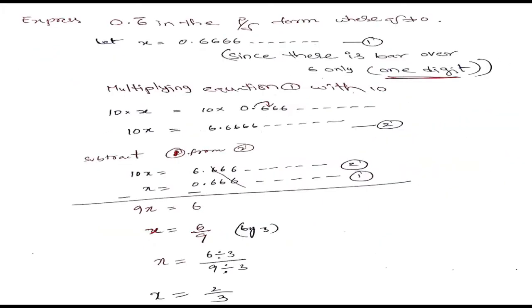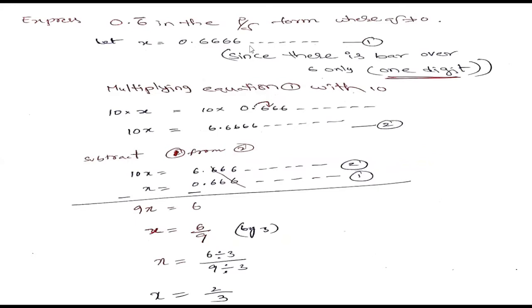Look here. Multiplying equation 1 with 10, I wrote previously. This is the last line of the previous slide. Now this is equation 1. So 10 into x, 10 into 0.666.